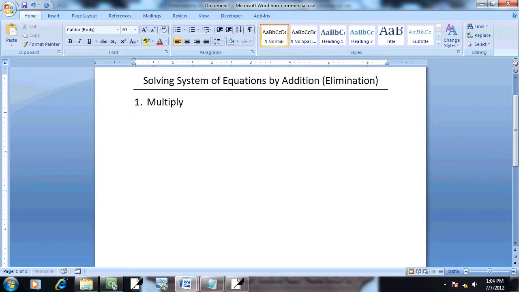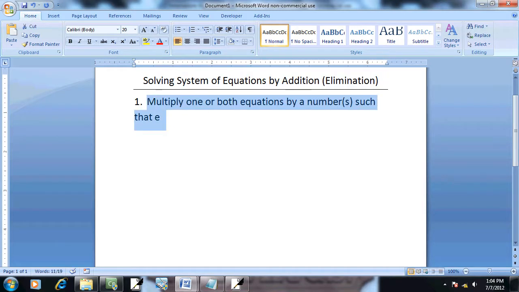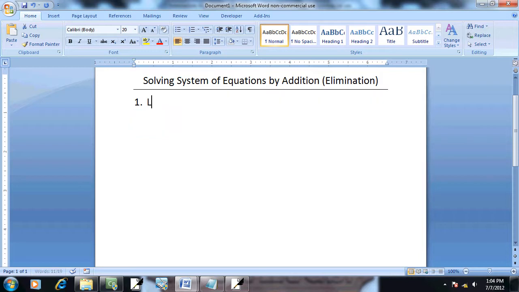Multiply. I put this for the first time in words the other day, and so this is like version 1.1. Multiply one or both equations by a number such that either, actually, I'm lying to you, line up the like terms in the same columns.